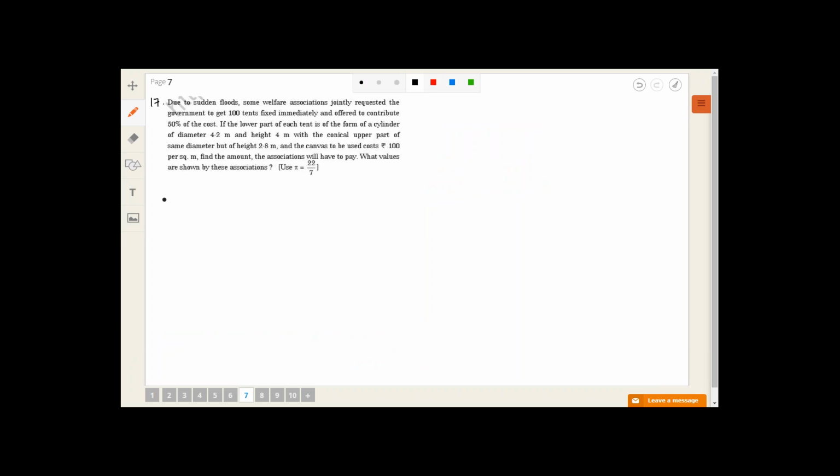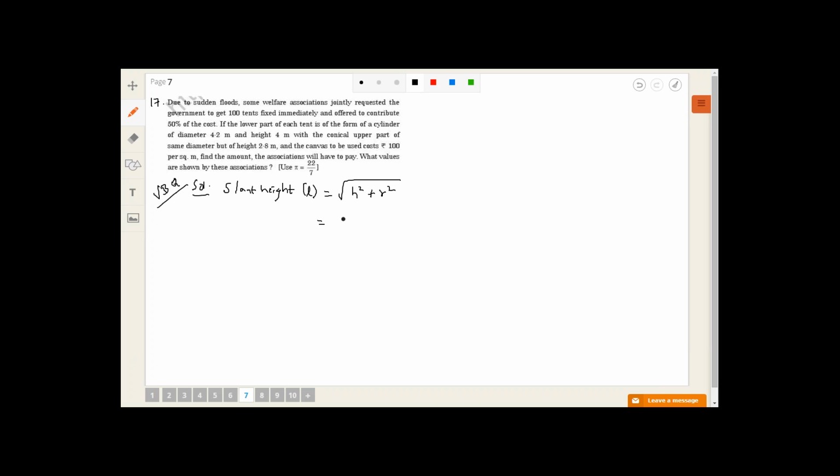Okay, this is a value based question. Solution. So the slant height of the cone, which is given as L, is equal to root of h square plus r square.